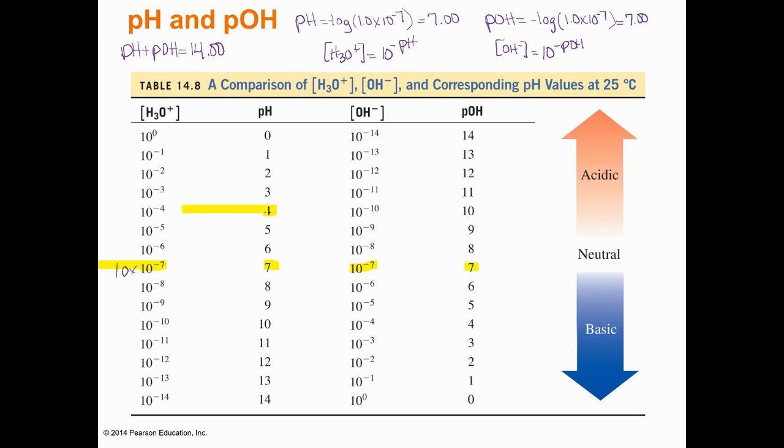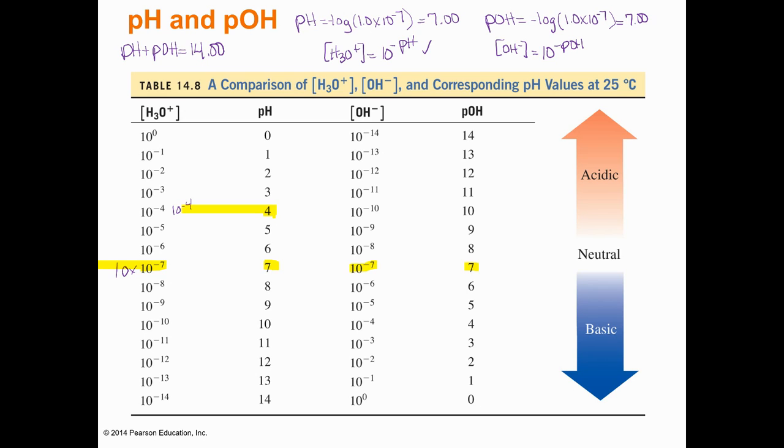Okay, I would prefer it with more decimal places, like 4.00, but this is just trying to keep things more simple. So if I have a pH of 4 and I want to know, hey, what's the hydronium? I would come up to this equation. Hydronium is 10 to the negative pH. So do you notice how hydronium is 10 to the negative 4? Okay, let's do something else here.